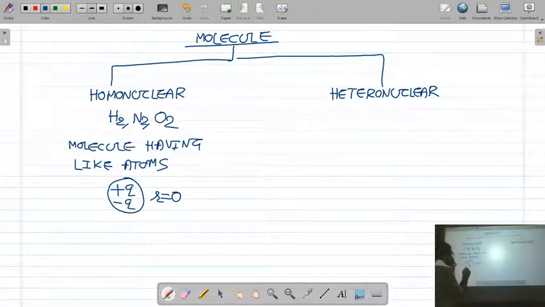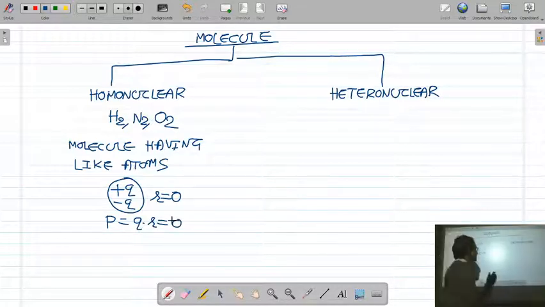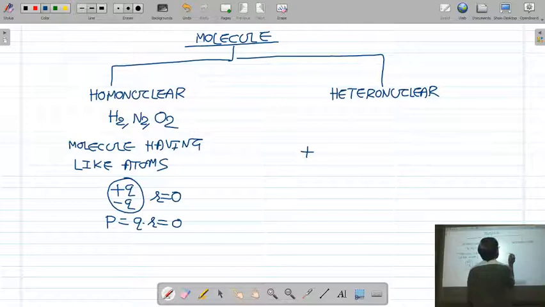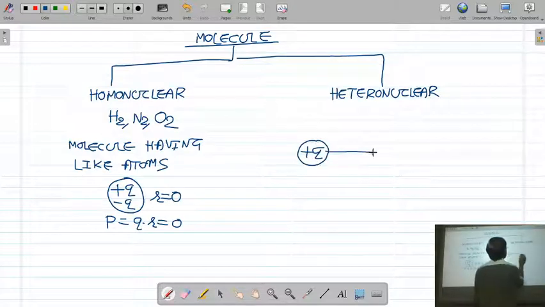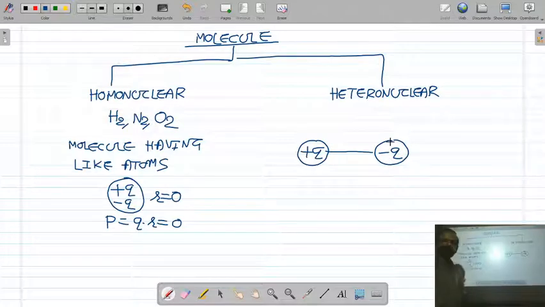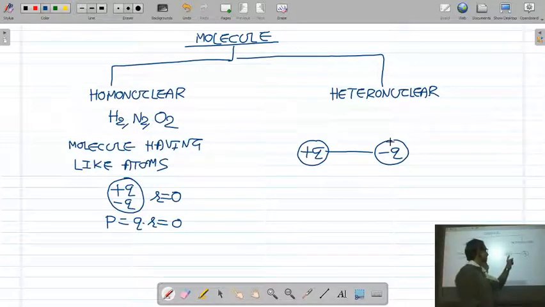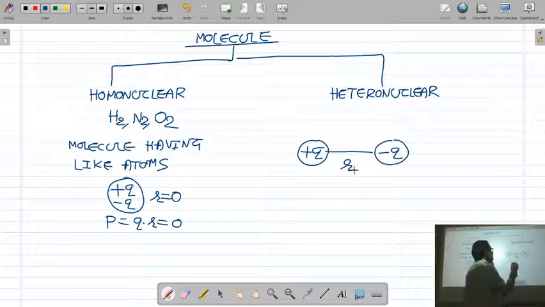As a result, the dipole moment of the homonuclear molecule is zero. I think you must be knowing about dipole. What is a dipole? Dipole is a system of two similar and opposite charges, plus q and minus q, separated by finite distance r.